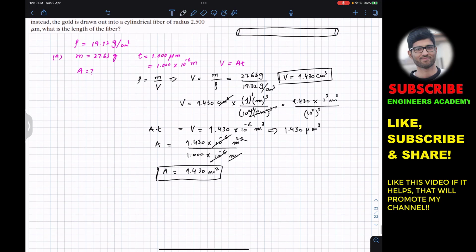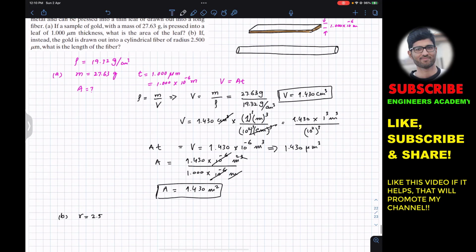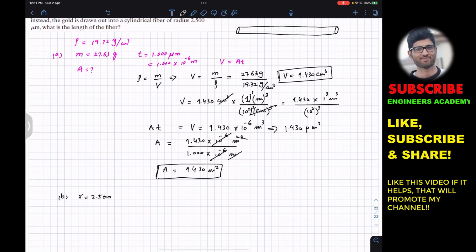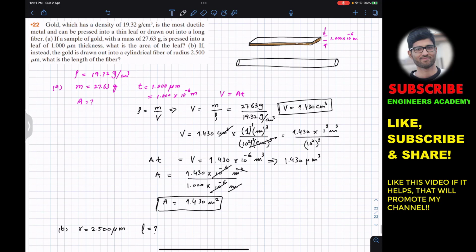Now for part B, the radius is given, which is 2.500 micrometer. We are required to find the length. Now the length is required. Now this is the length of the fiber which is required, and the radius is given, which is 2.500 micrometer.